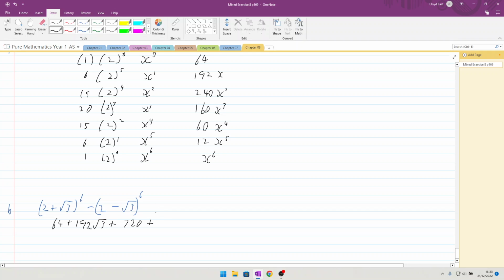Plus 160 times by 3 is 480 square root 3. This one's going to be 2 3s. 3 times 3 is 9. 60 times 9 is 540. Okay. And this one is going to be 9 times 12, 108 square root 3. And then this is going to be 3 times 3 times 3, which is 27.